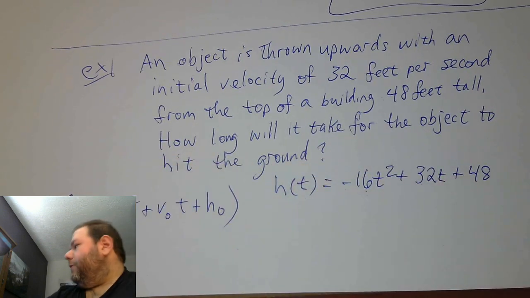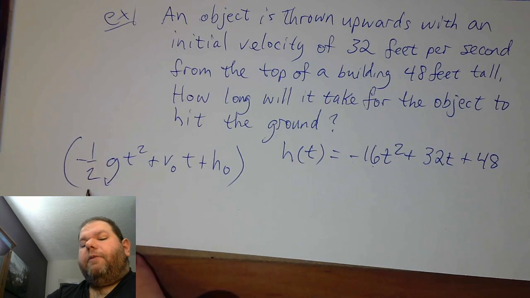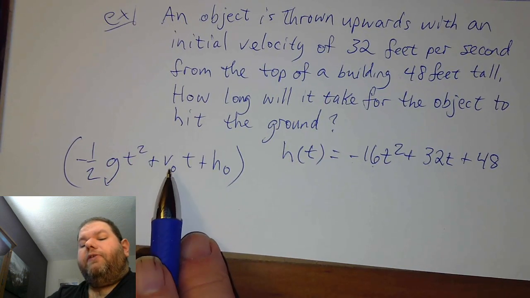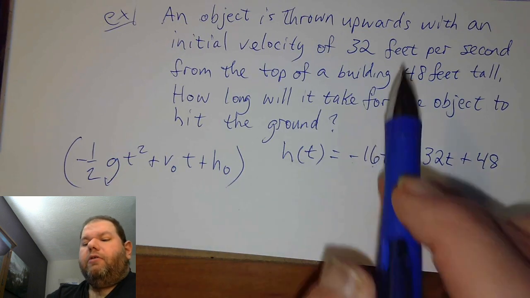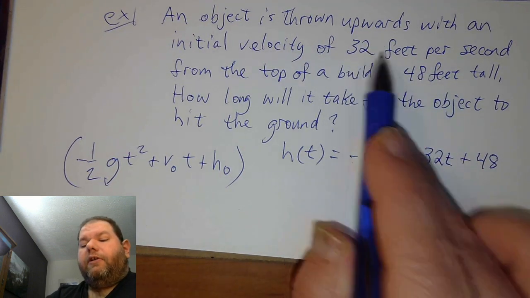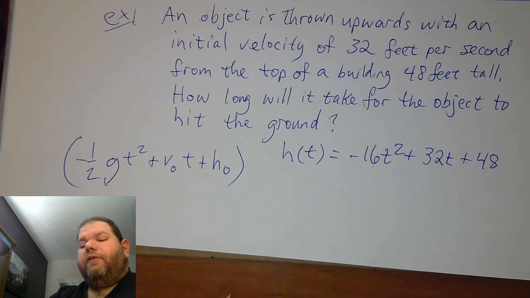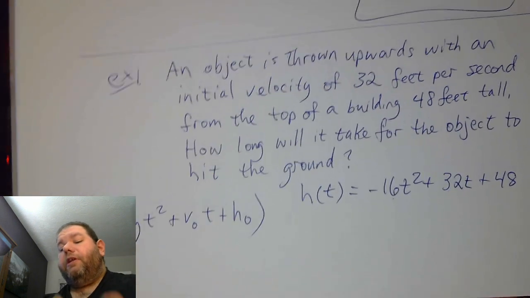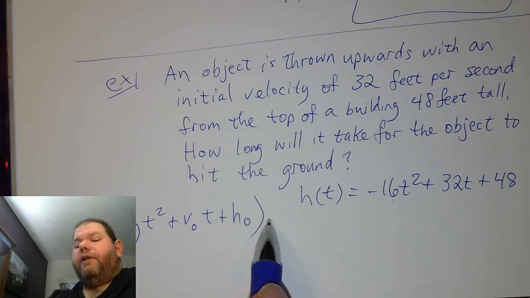So the real formula is negative 1/2 times gravity times t squared plus the initial velocity times t plus the initial height, which are these two numbers, initial velocity and initial height. So we plug those in, and then the gravity actually gives us the other one. Anyway, the point is, you don't have to worry about that.